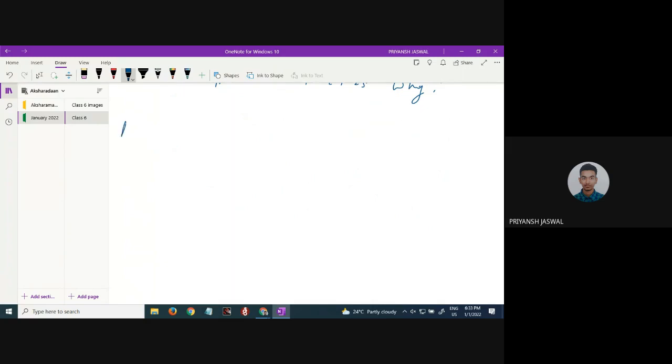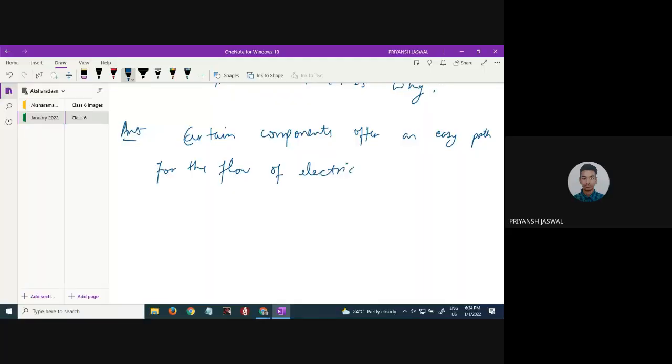So the answer is as simple as that: certain components offer an easy path for the flow of electric current, while others resist the flow of current.